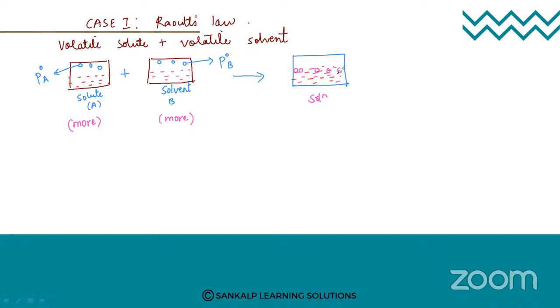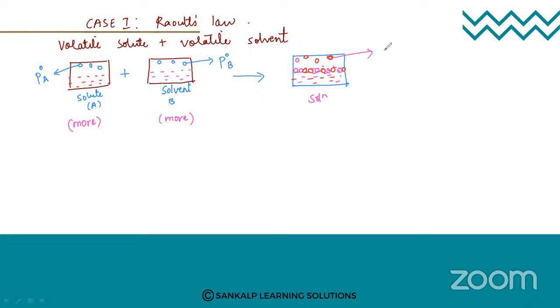Your solute molecules are present, and your solvent molecules are also present. Then when they undergo evaporation, the surface phenomenon, they will form vapors. Now the number of vapors formed will be less as compared to that of your pure solute and solvent.